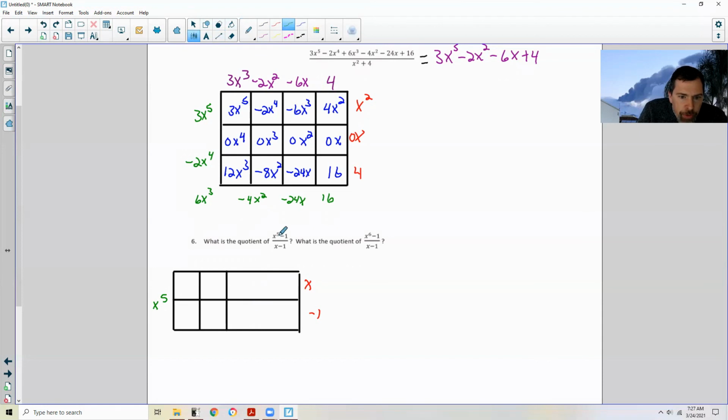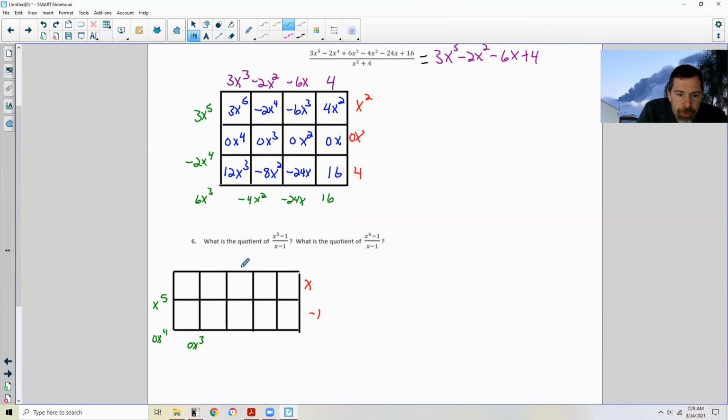These 2 are going to give me 0x to the 4th. These 2, okay? And I need to draw another one. These 2 are going to give me 0x cubed. I can't skip these. 5, 4, 3, 2, 1, 0.